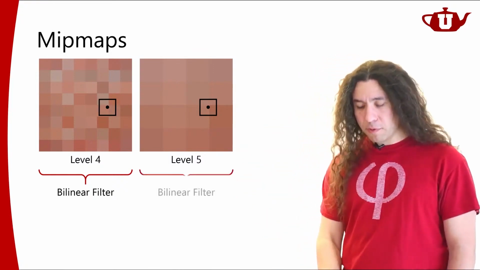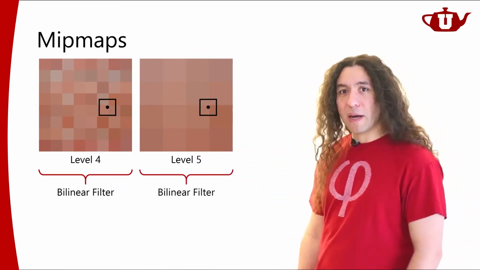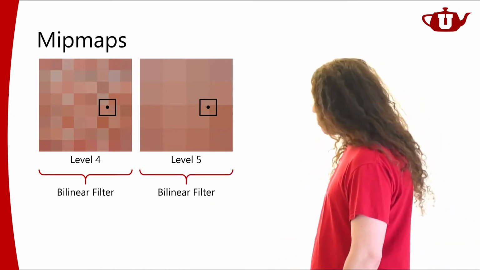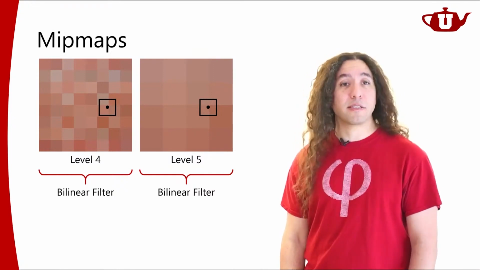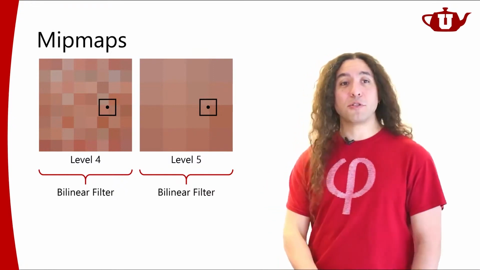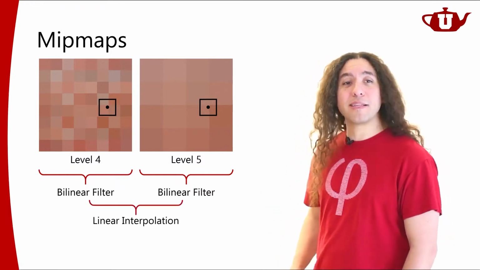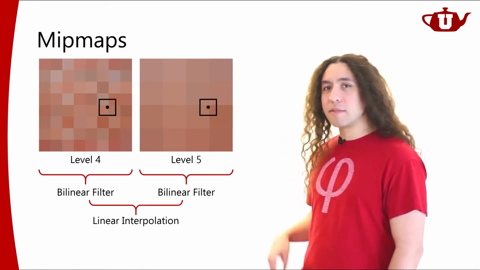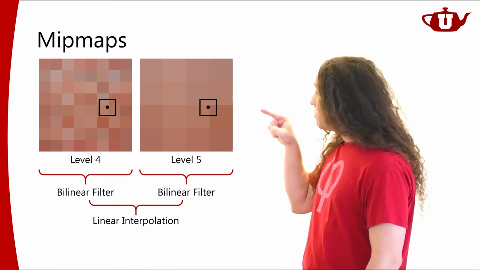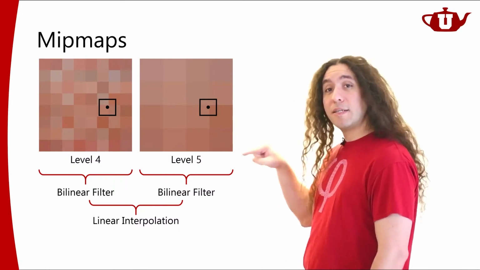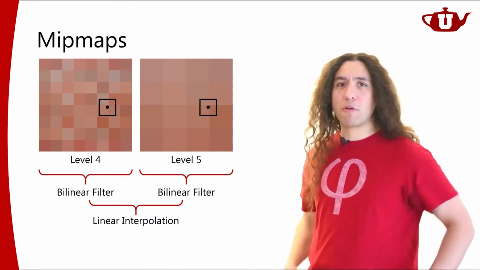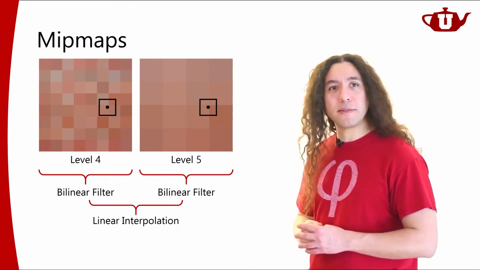I'm going to do the same for level 5. So now I have two different values for the same position in texture space. And then I'm going to linearly interpolate these results, based on how close my pixel size is to the separation between texels in texture space, or texel size, let's call it.